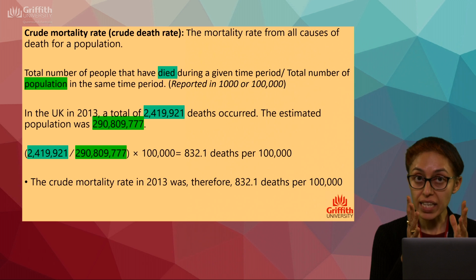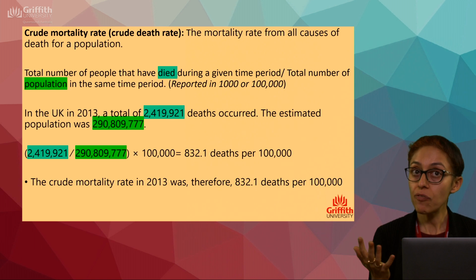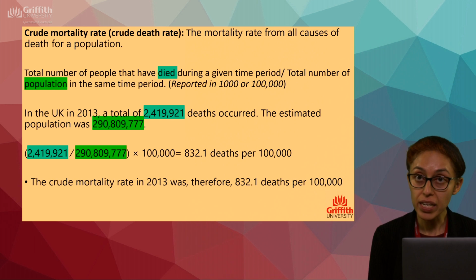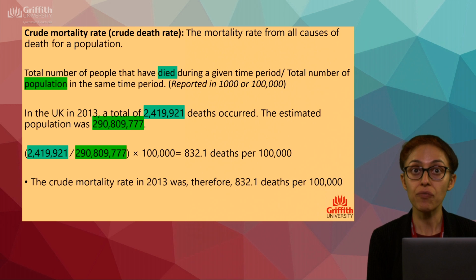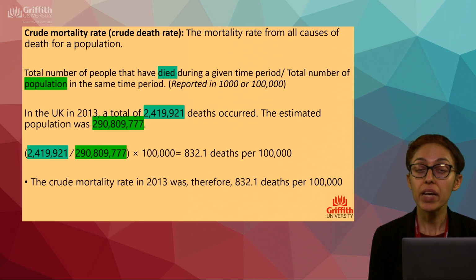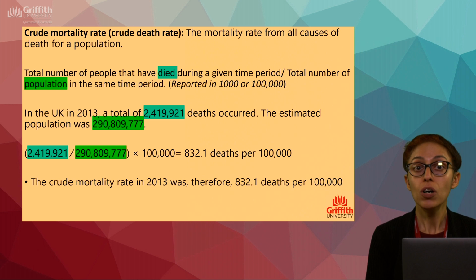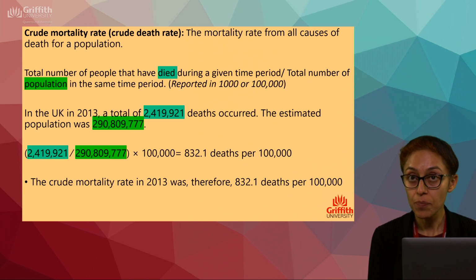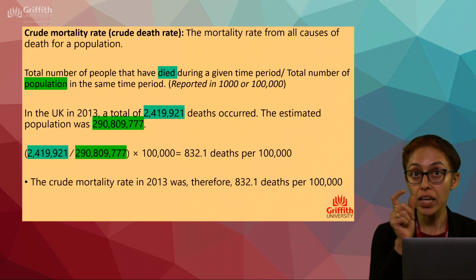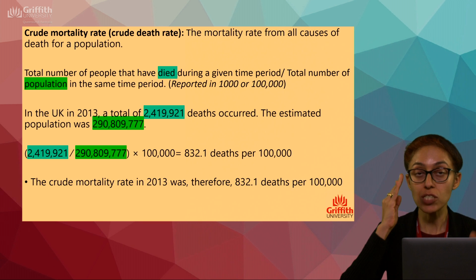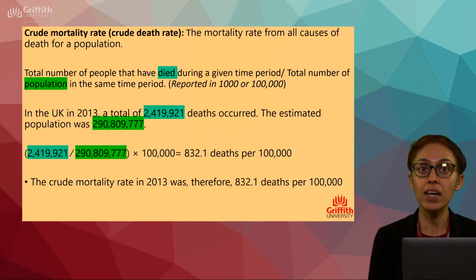So this is an example again. Say for instance, these are all hypothetical examples, this is not real life data. In the United Kingdom in 2013, a total of so many deaths occurred. These deaths are in blue. That's why I have color coded things for you, so it's easier to understand.